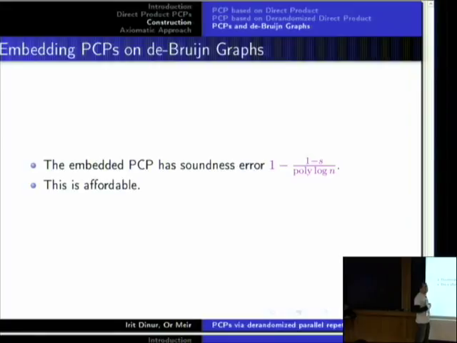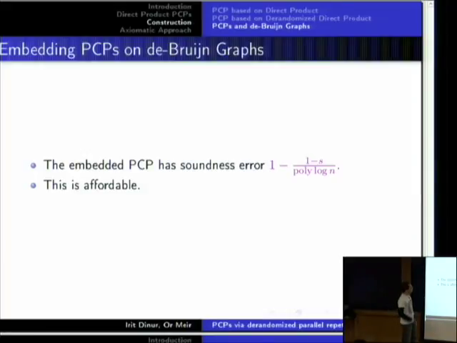Okay, so just to say what happens here, since we deal with the soundness and not with the rejection probability, we get a slightly uglier formula, this formula. And this means that even if the soundness was very small at the beginning, now it becomes very close to 1.